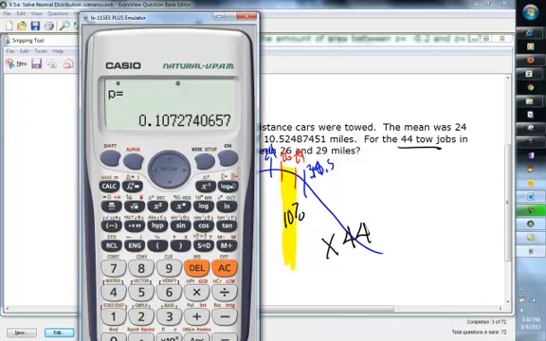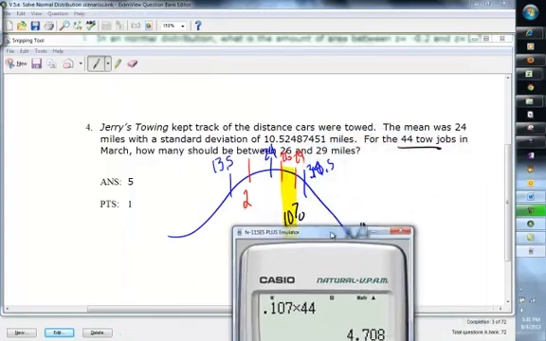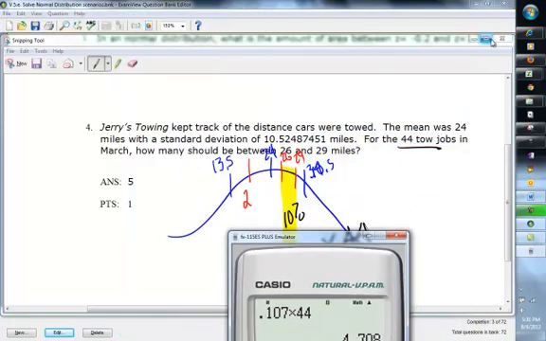Our result is the 10% that I said it was, about 0.107, and then we're going to multiply that. 0.107 times 44 gives us about 5 if you round it to the nearest car.